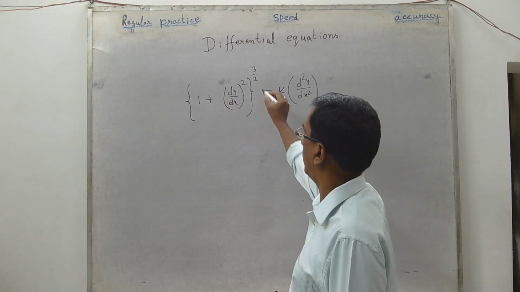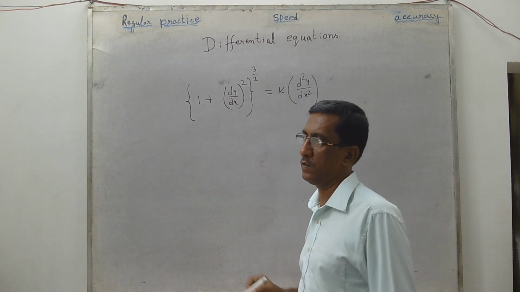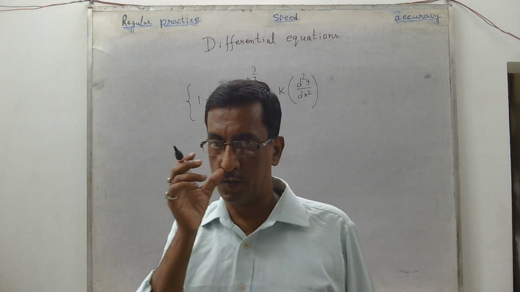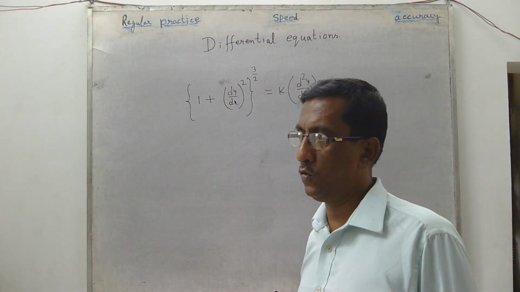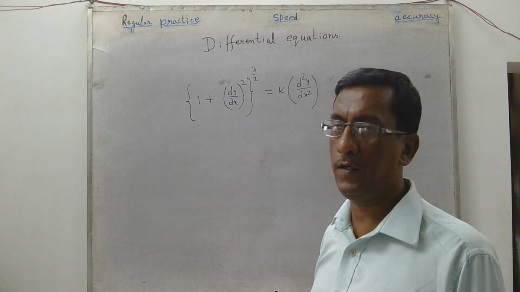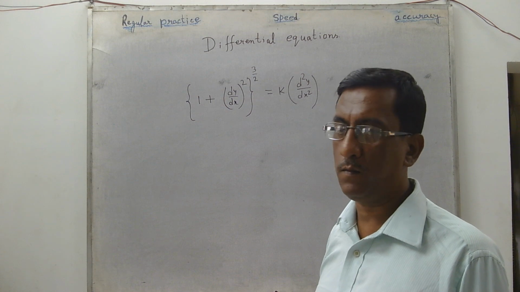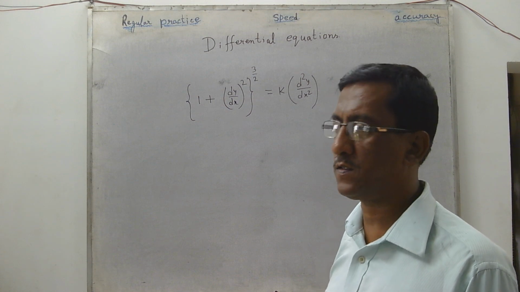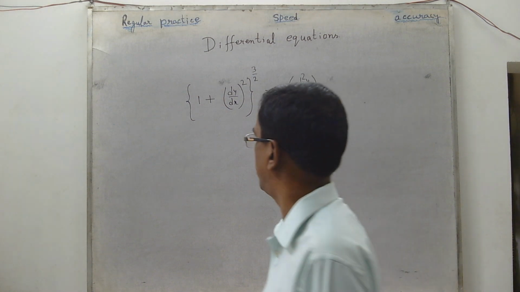Again we find here the power is not a positive integer, so first of all we square both sides. That means taking square of both sides.